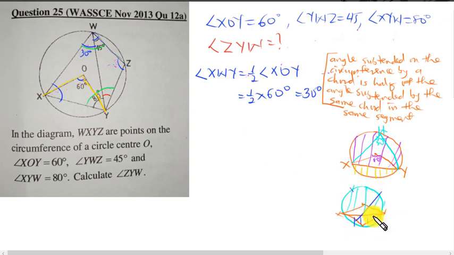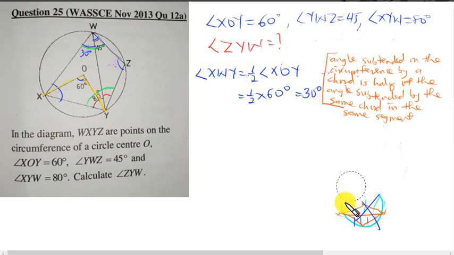That is why I try to make it very specific that when we have a situation where the two angles are in the same segment and one ends on the circumference while the other ends at the center, then the one on the circumference is half of the one at the center.